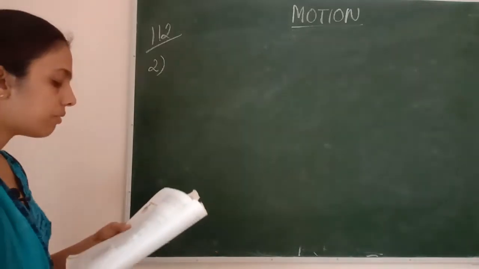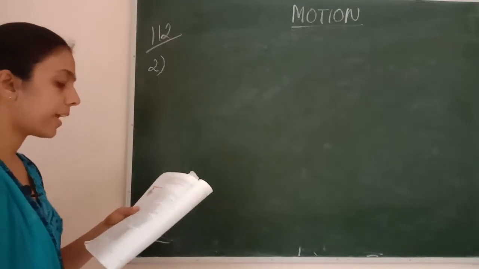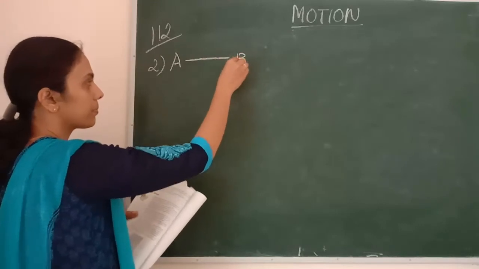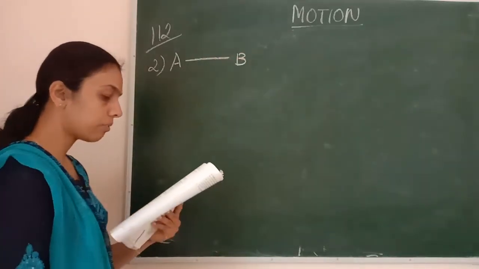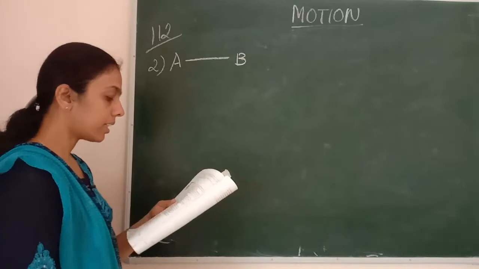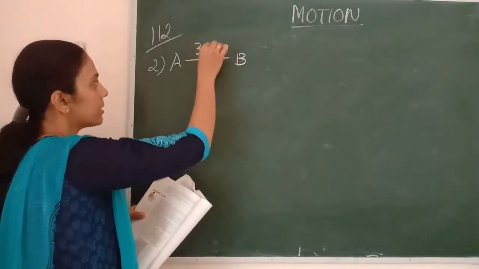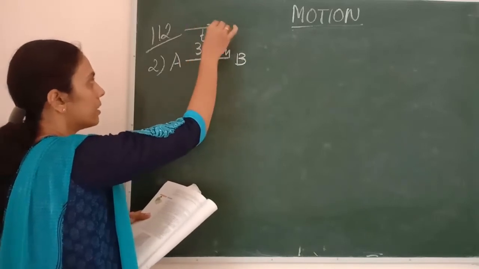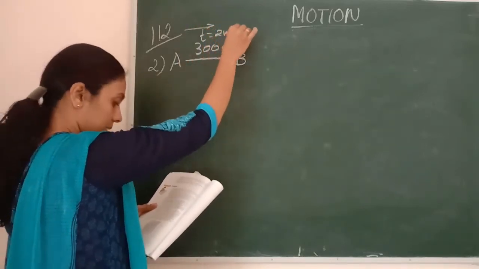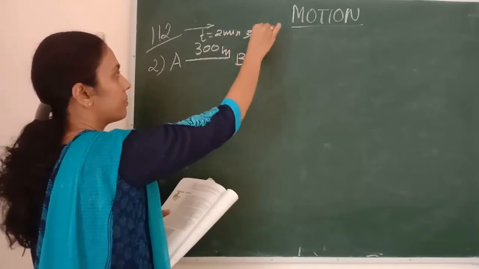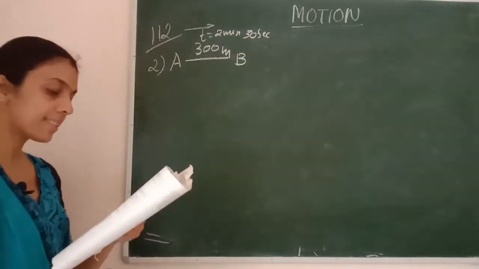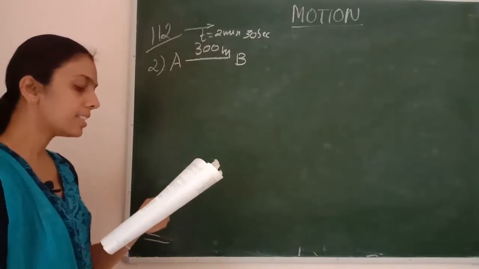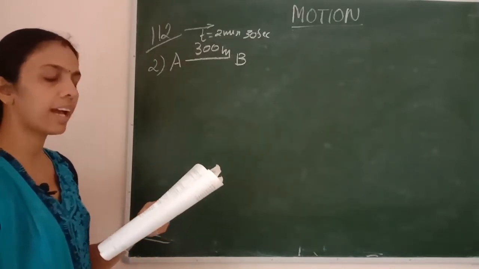Okay, Joseph jogs from one end A to the other end B, in a straight road of 300 meters in 2 minutes 30 seconds, and then turns around and jogs 100 meter back to point C in another 1 minute.